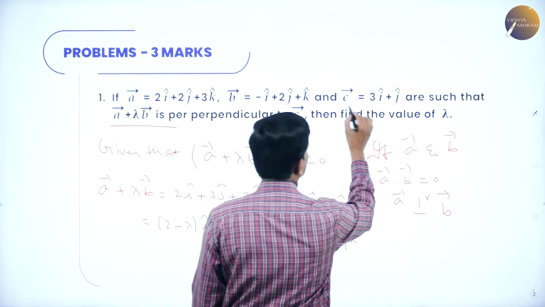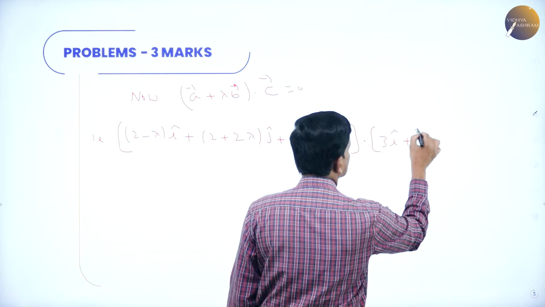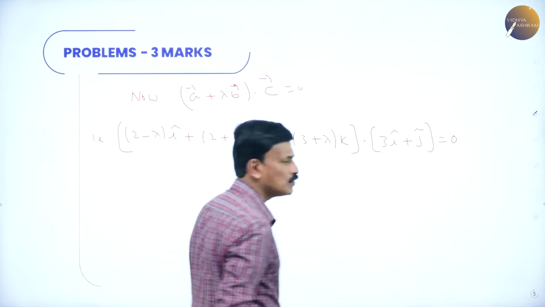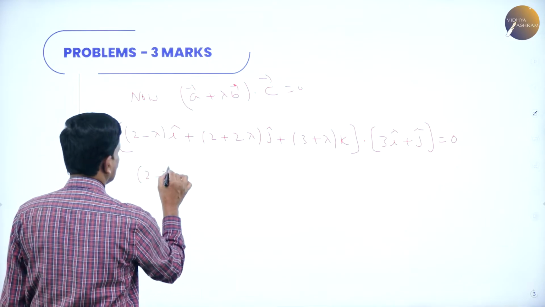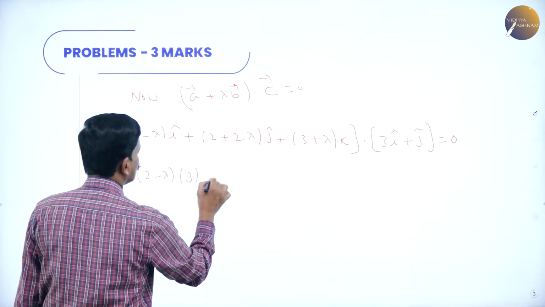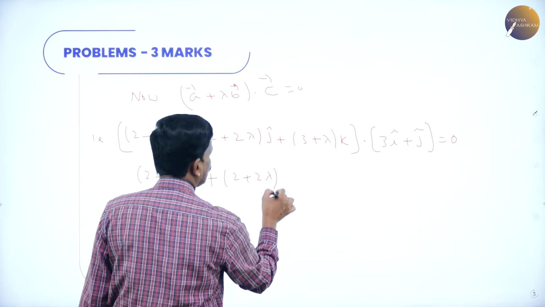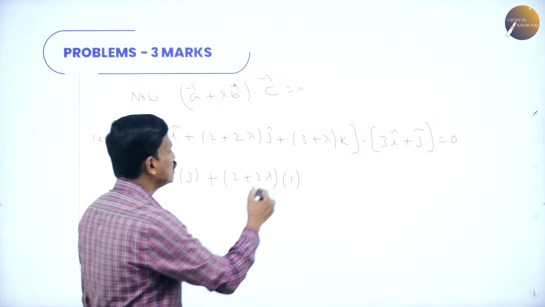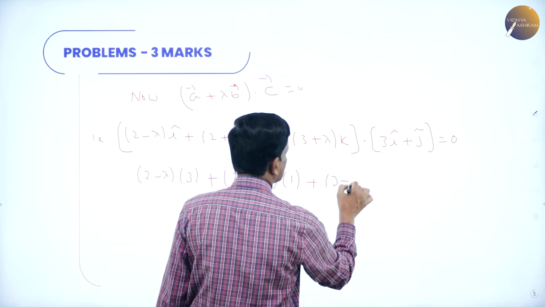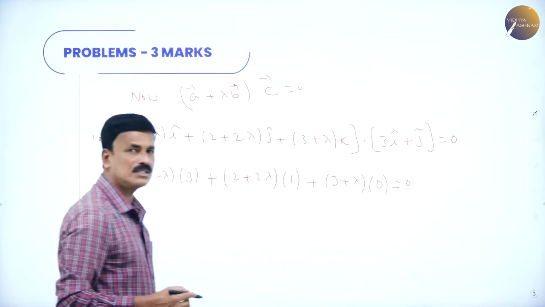Vector C is equal to 3i plus j. This is equal to 0. Now simplify this. So dot product, this is 2 minus lambda into 3, plus 2 plus 2 lambda into coefficient of j cap which is 1, plus 3 plus lambda into, there is no k value, that is 0, that's equal to 0.